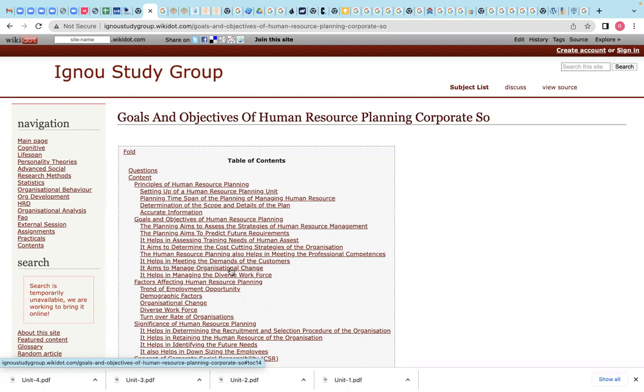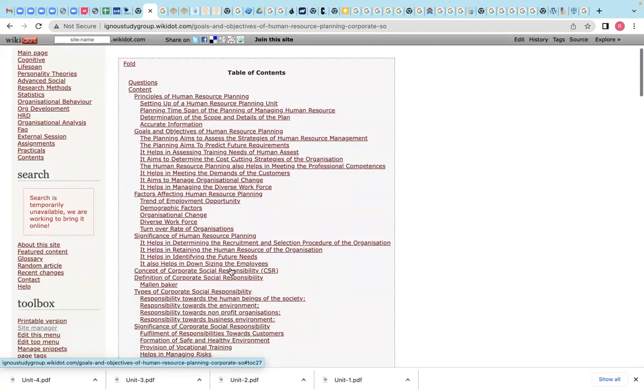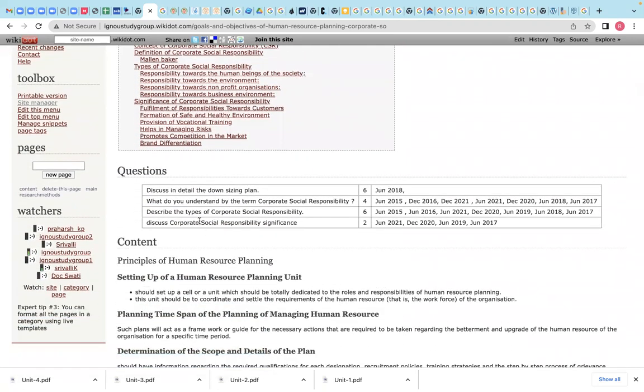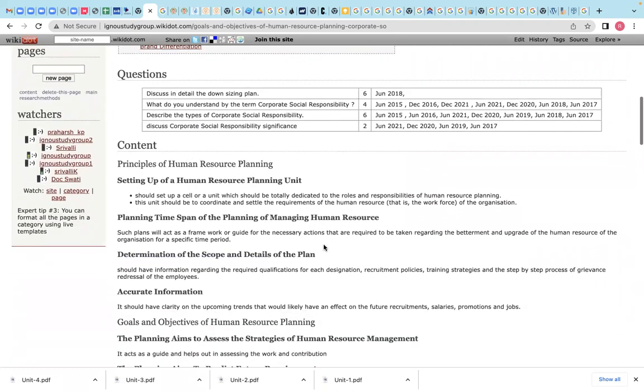So the first half of this chapter is a heavy repetition of whatever we went through in block 1, but still, at a fast pace, we will go through it. The crux of this unit is mainly in the social responsibility side, which is the second half of the unit. That is where the majority of the questions are.